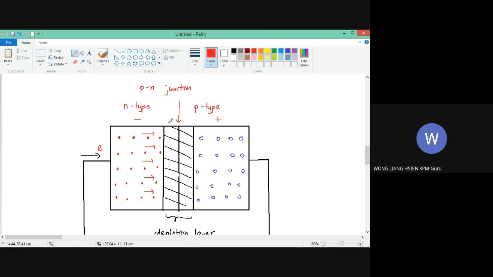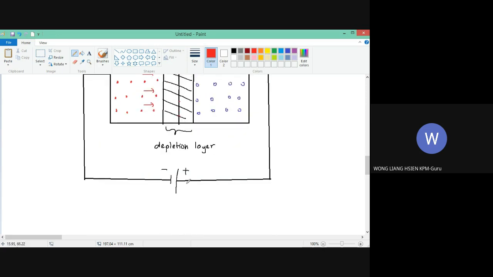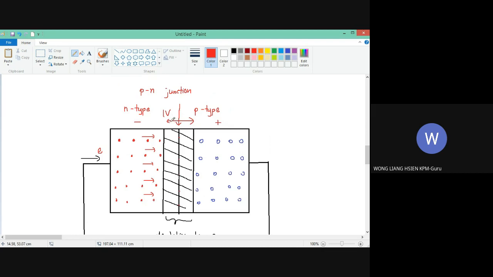So what happens is, if this power supply is 0.5 volt, that means it is lower than the junction voltage.